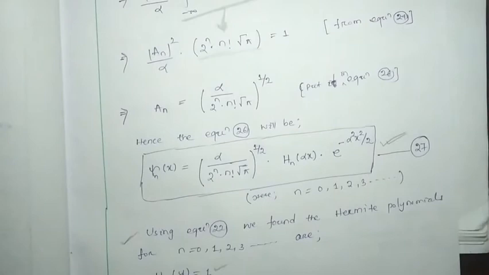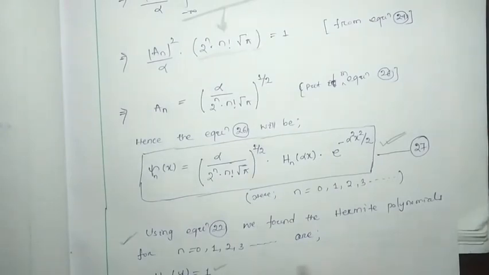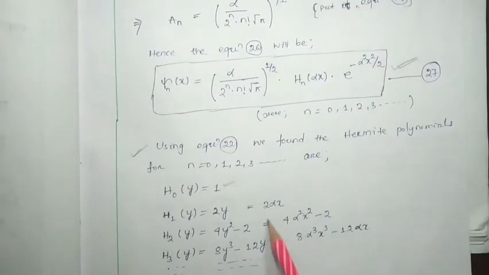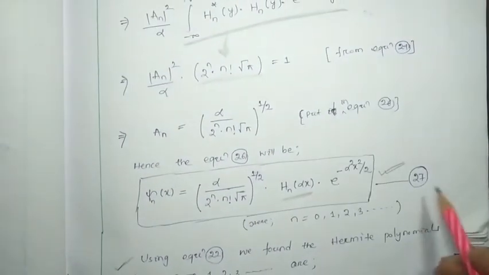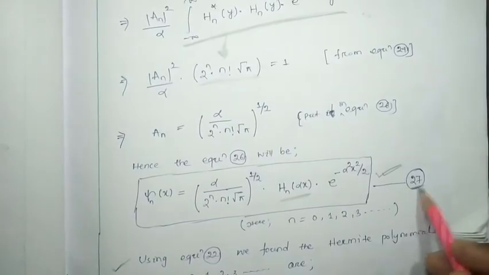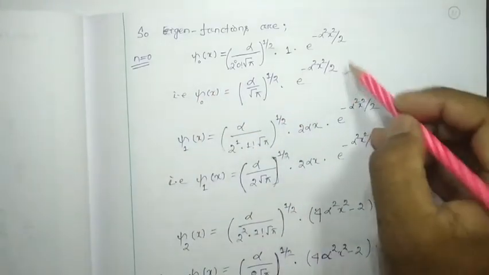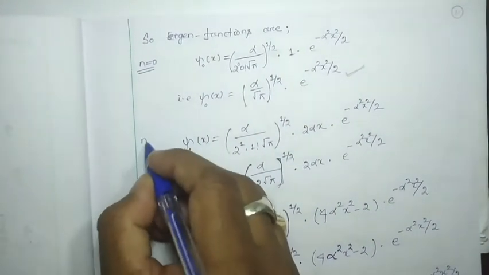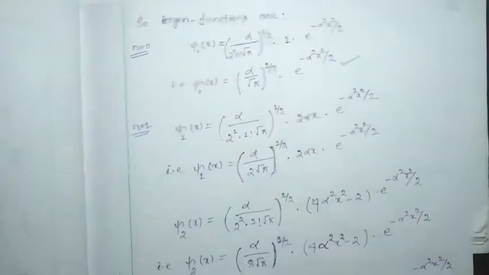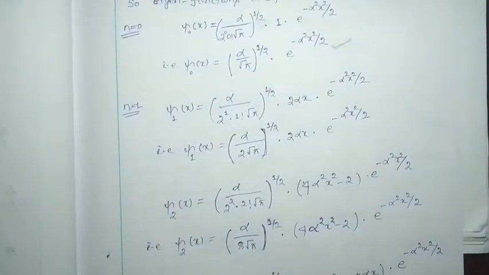That means these values you are going to consider for this one. By considering equation 27 and these values, for n is equal to 0 we can find this one, and for n is equal to 1, psi 1 will be this one.